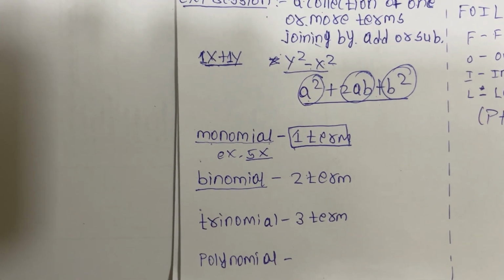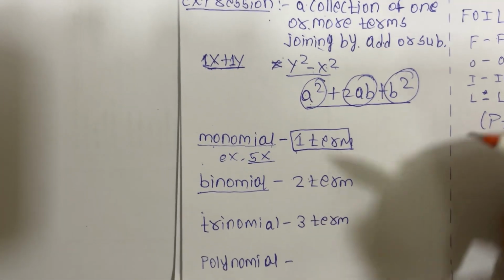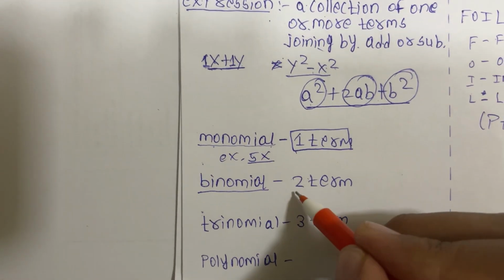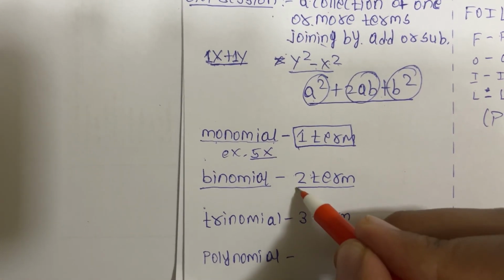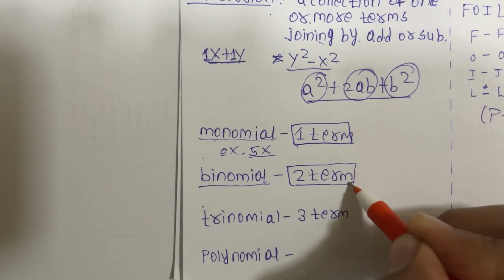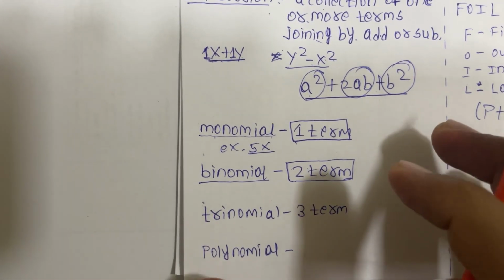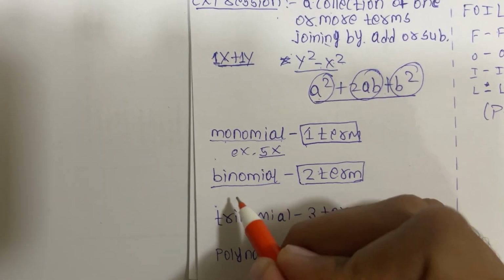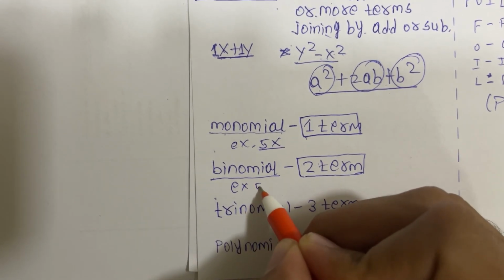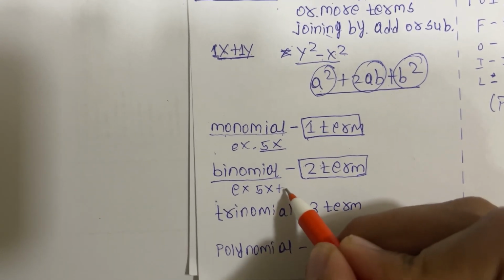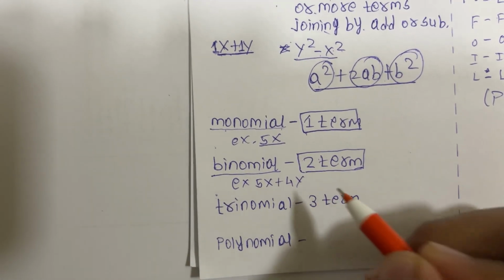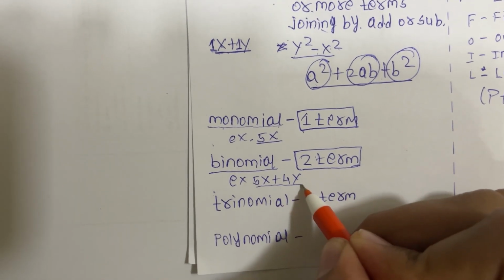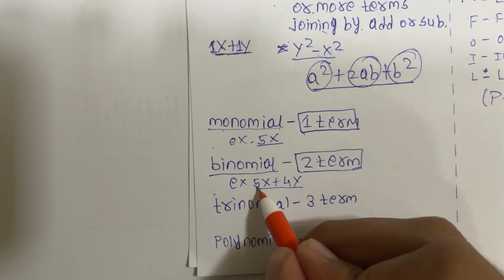So what is binomial? A binomial is an expression which consists of two terms. For example, 5x plus 4y. So this is called a binomial because it consists of two terms.